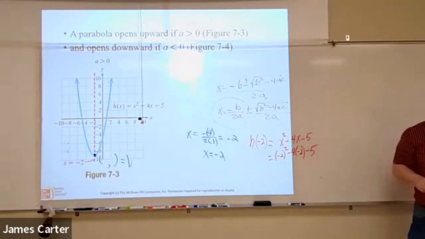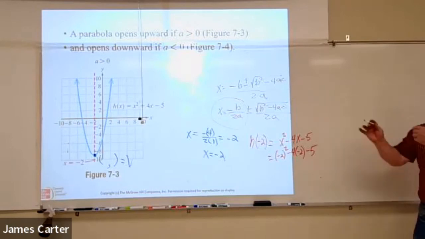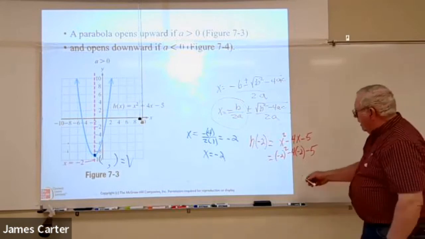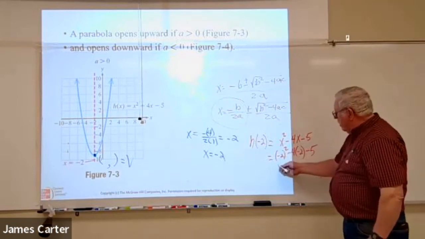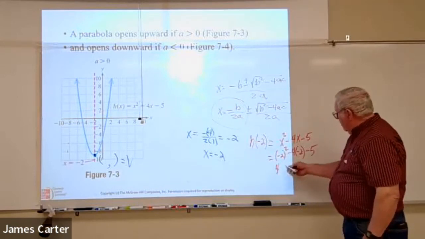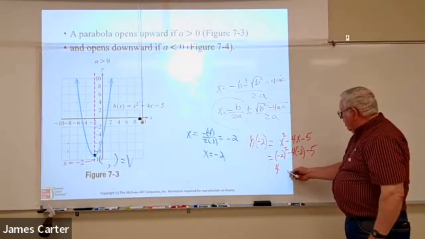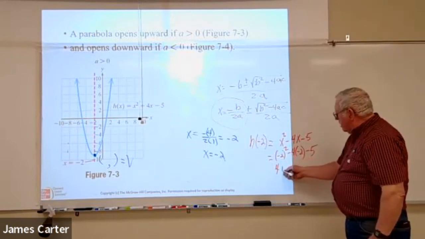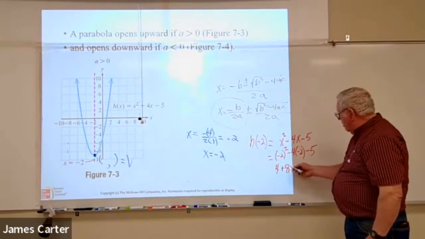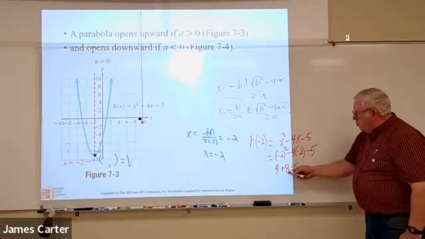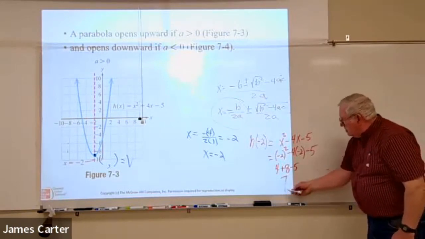Everyone following me? I'm just substituting that -2 in, aren't I? Okay, well, -2 squared is 4. -2 times -4 is +8, minus 5. So I got 12 minus 5 is 7.